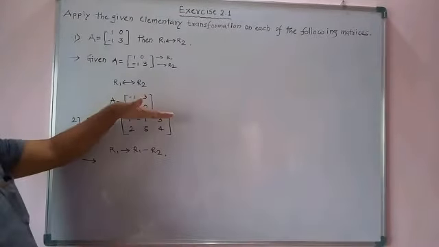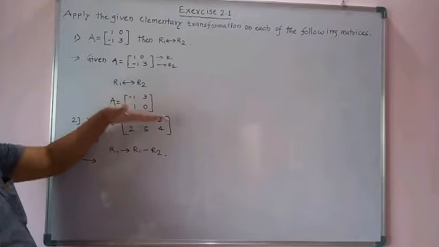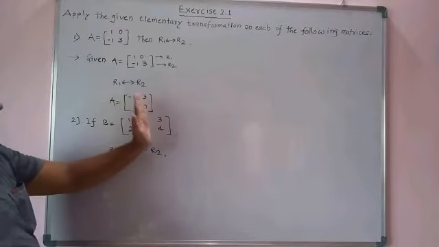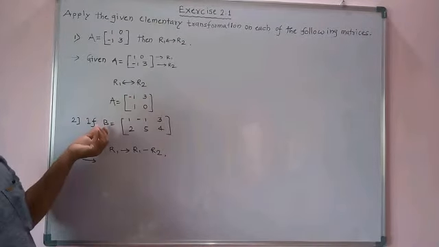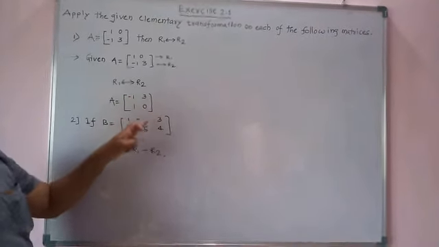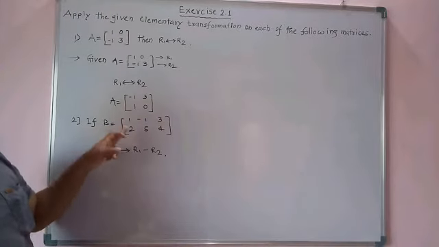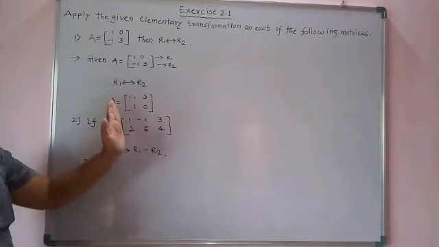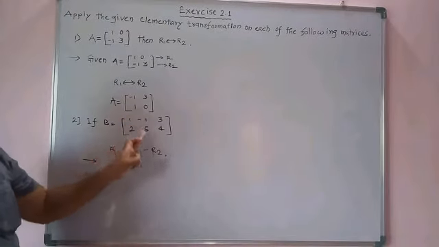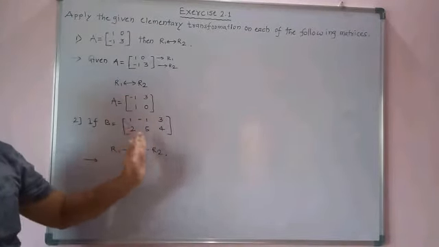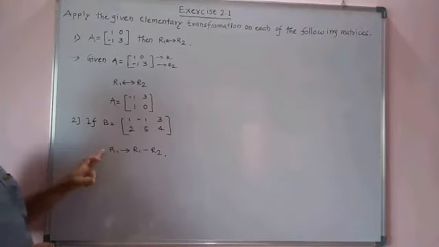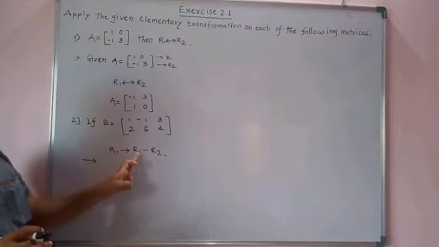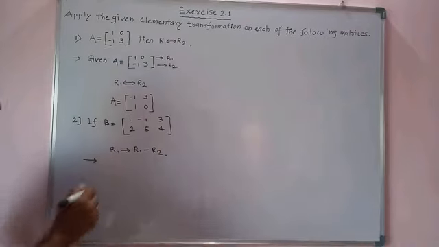This is the first row, this is the second row, and there are 3 columns. Given matrix B is [1, -1, 3; 2, 5, 4]. Then find R1 implies R1 minus R2.